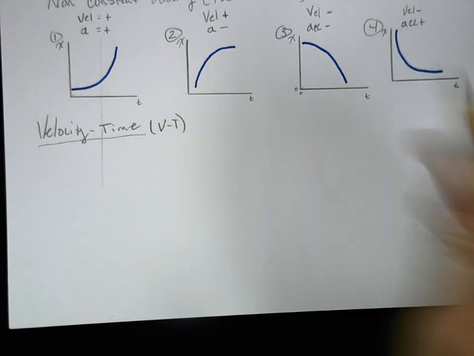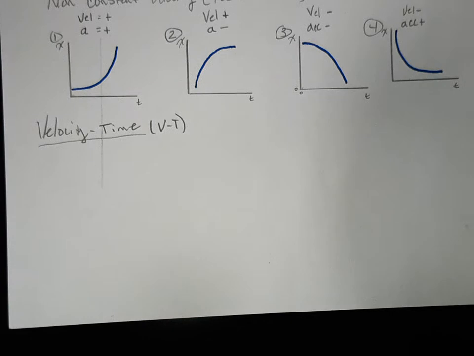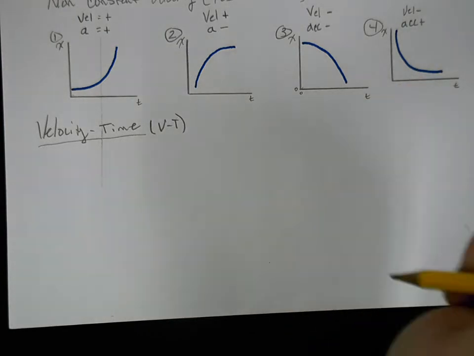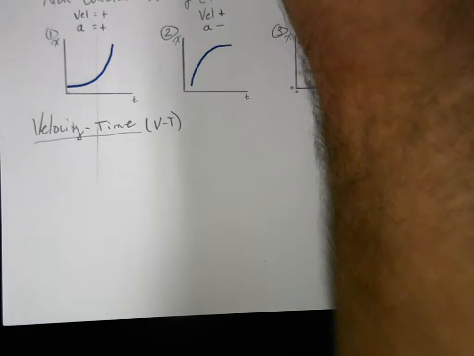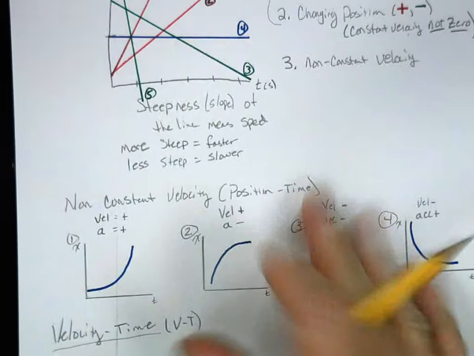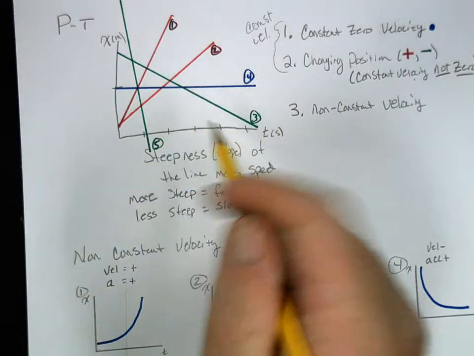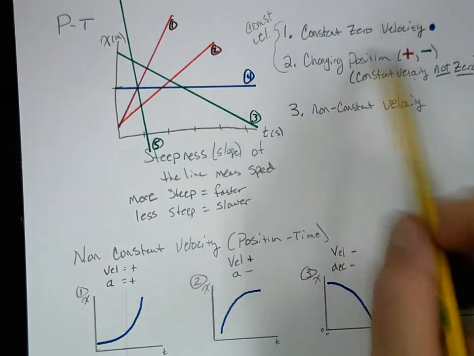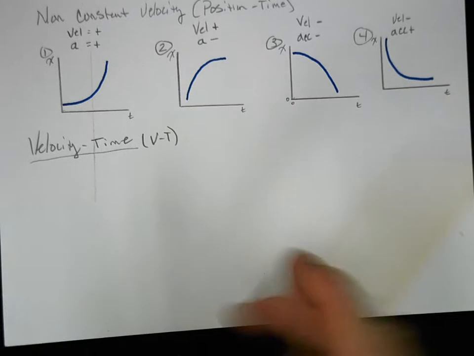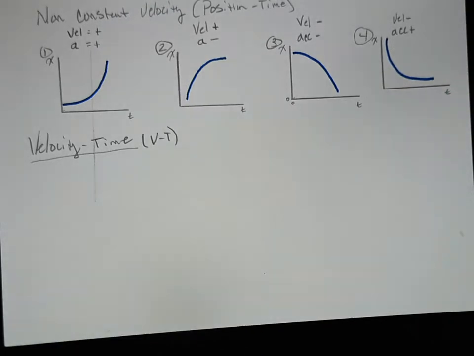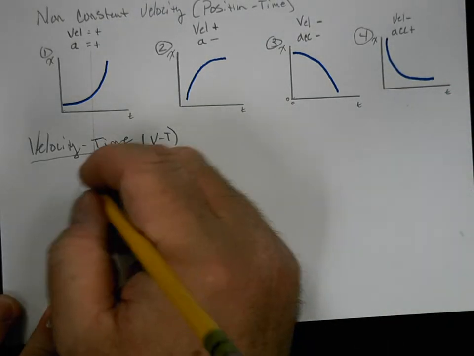These are very similar to position time graphs, except all of these things are going to be stepped up ones. So we're going to have some straight lines, and just as how these had some conditions for their straight lines, we're going to have some similar conditions for velocity straight lines. So let's start with some conditions here.